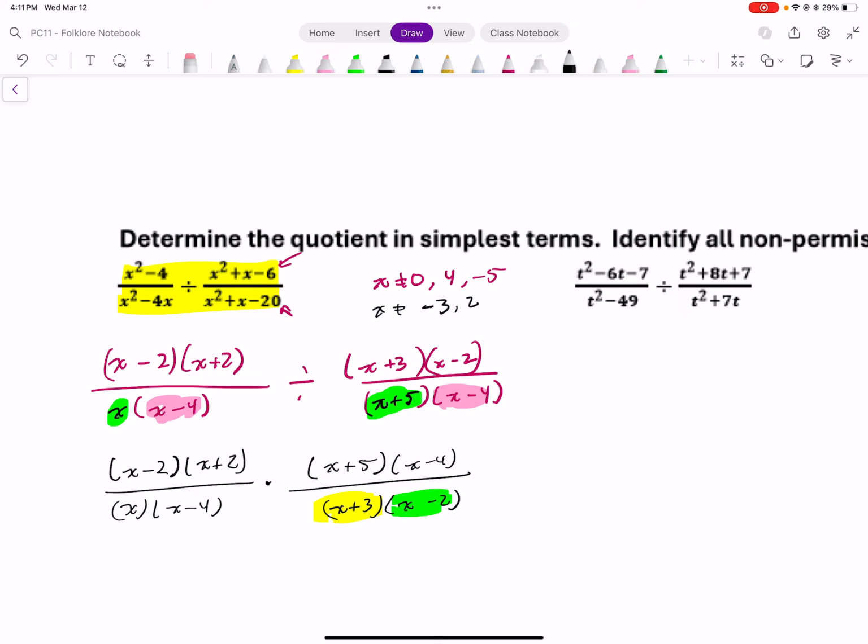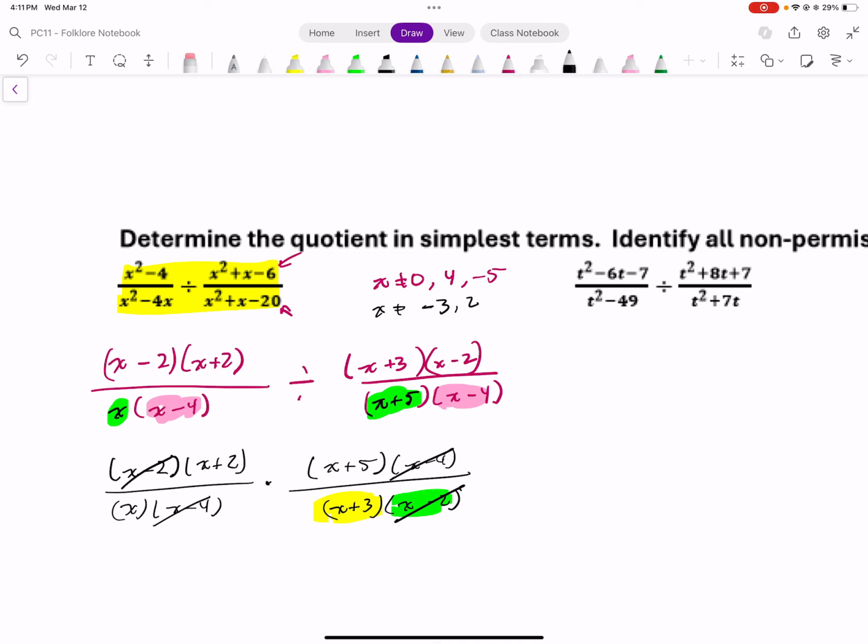Wow, there's certainly a lot. I feel now I'm able to cancel out common factors. I have a factor of x minus 2 in the top and bottom, so cancel out. I have a factor of x minus 4 in both top and bottom, so I cancel out. Are there any other pairs among the numerator and denominator that are the same?